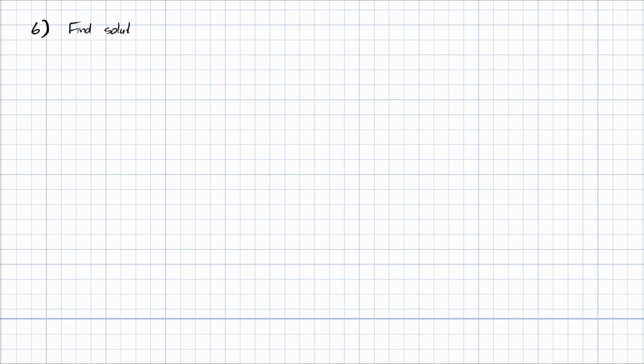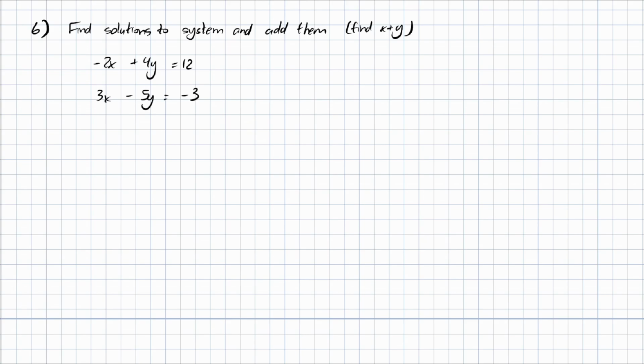Find the solution to the system and add them. Okay, so I have negative 2x plus 4y equals 12. And I have 3x minus 5y equals negative 3.